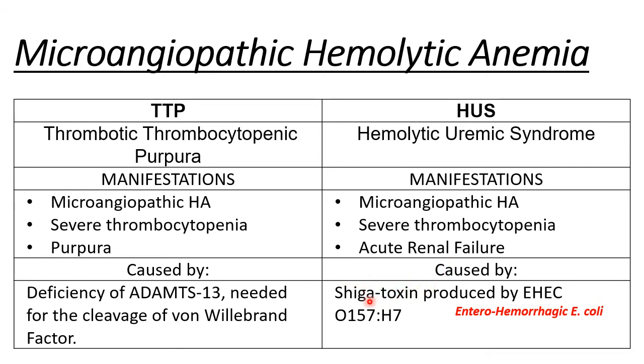Saan nanggagaling tong Shiga toxin? It is a toxin formed by your EHEC. Ano yung EHEC? Enterohemorrhagic E. coli. And yung strain number is 0157H7. So, tatandaan natin tong strain number ng EHEC, which is the primary causative agent of your HUS.